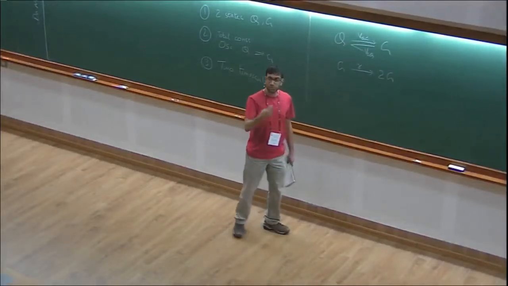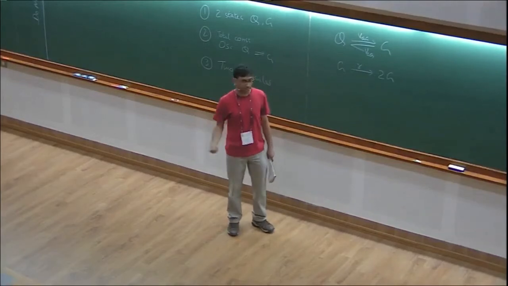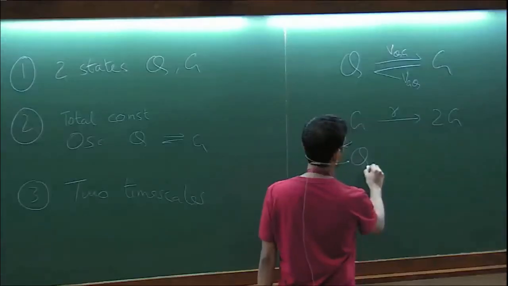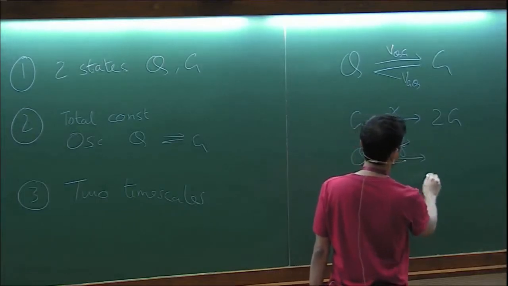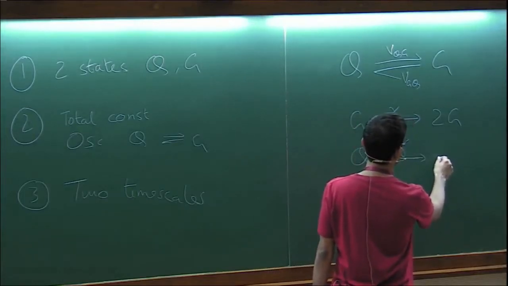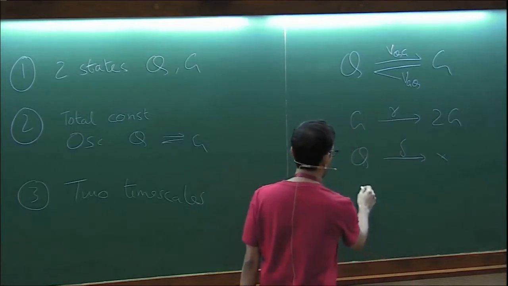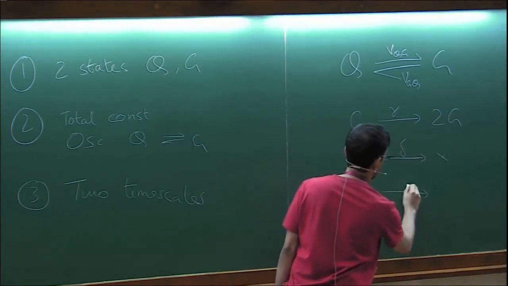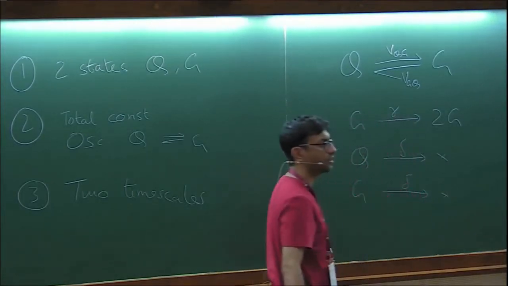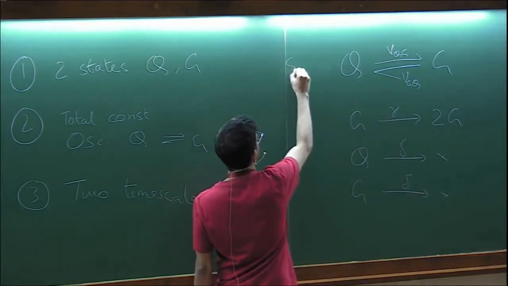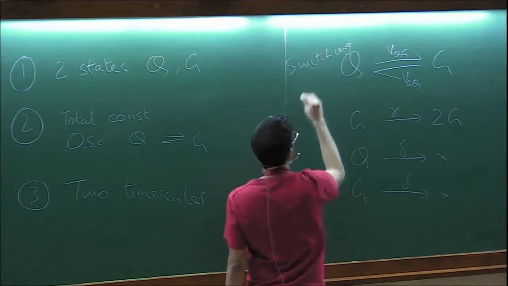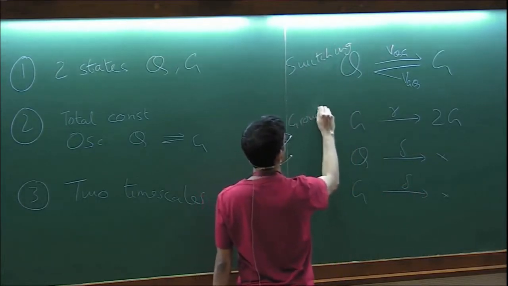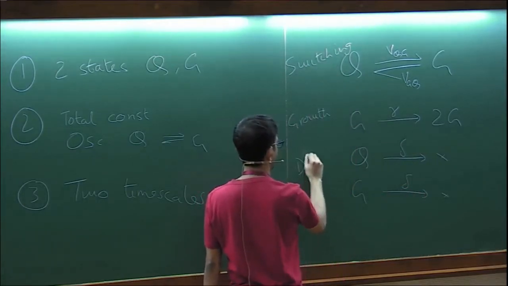But as you take out stuff, you will also take out cells. So your Q cells will die. Let me call that some dilution rate delta. So they will go to nothing. And the G cells will also get diluted at the same rate. Right? So this is switching and growth and dilution.